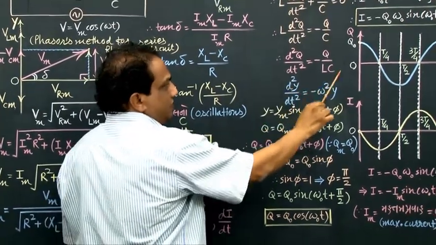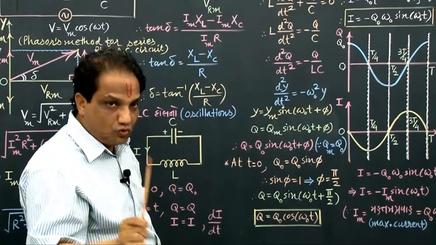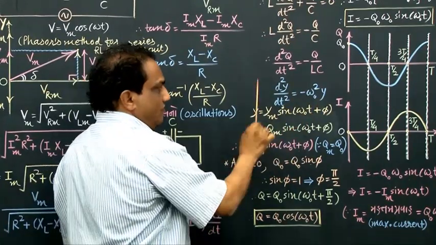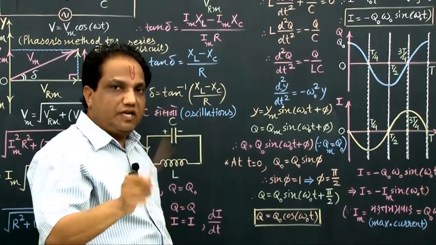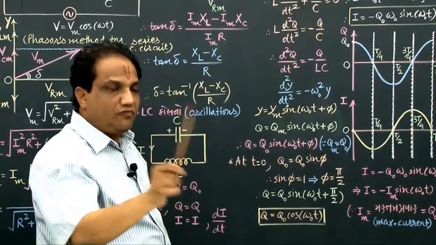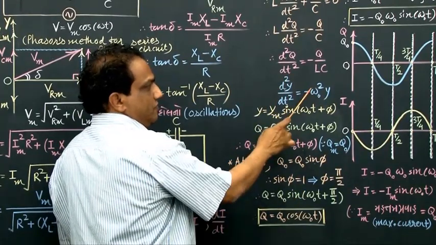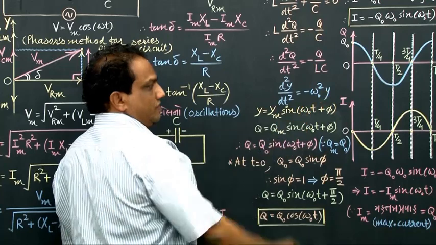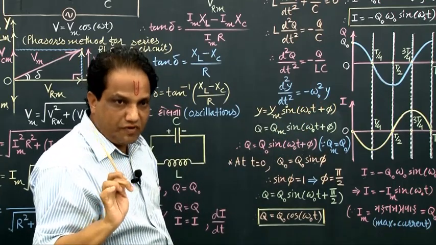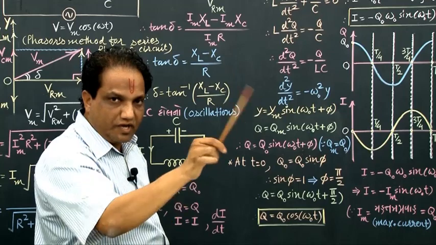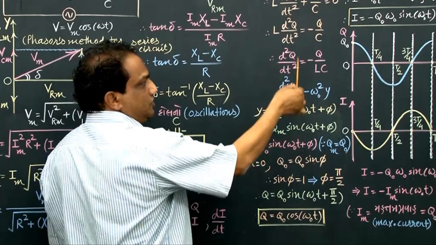Now this differential equation is quite similar or analogous to the differential equation of pure simple harmonic motion, which you had studied in second semester, and it was this: d2y upon dt square equals minus omega 0 square y. Now just match these two.